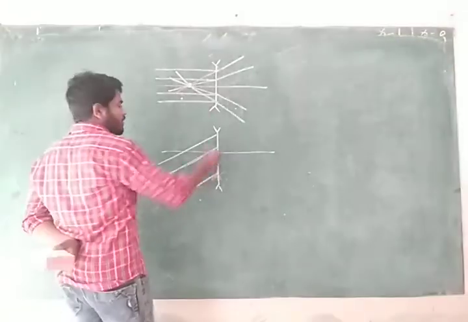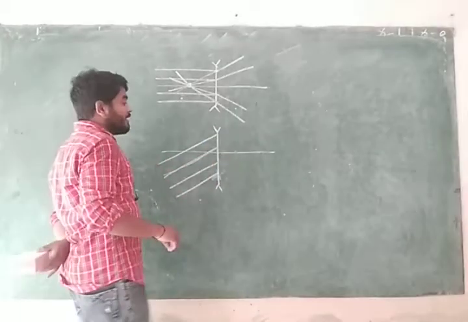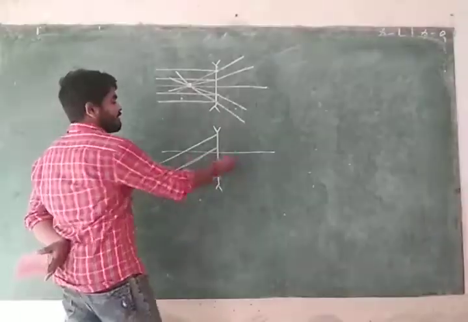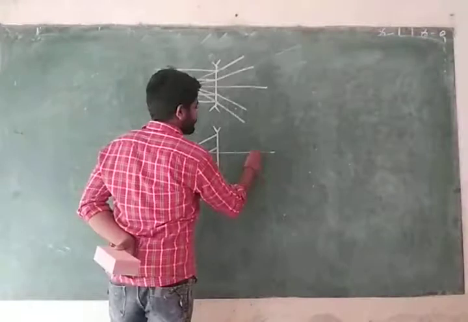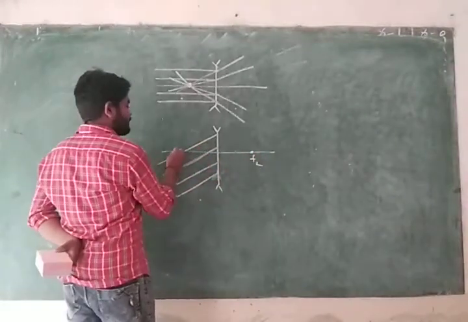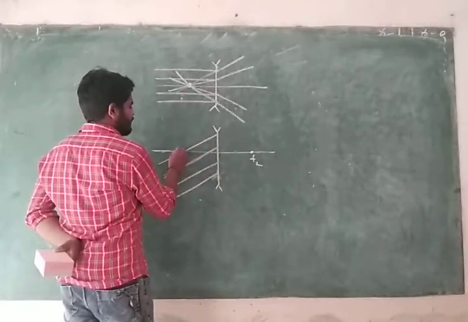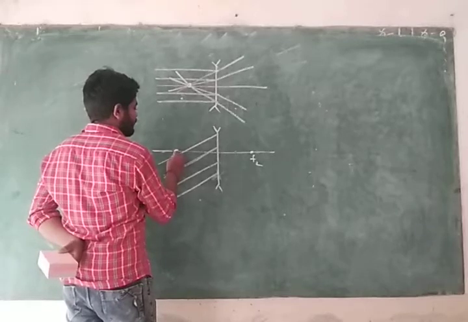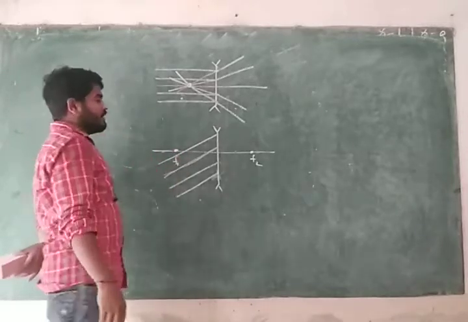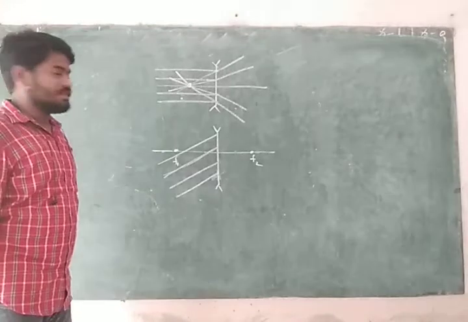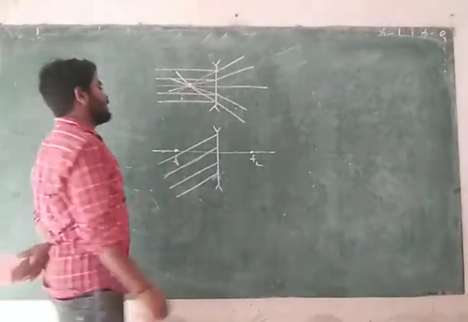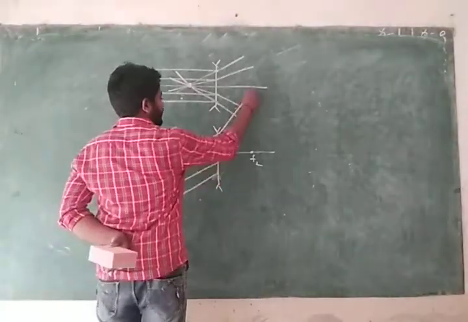Now what will happen? This is focal point F2, and somewhere here is focal point F1, right? They must diverge. So they also will diverge like this.